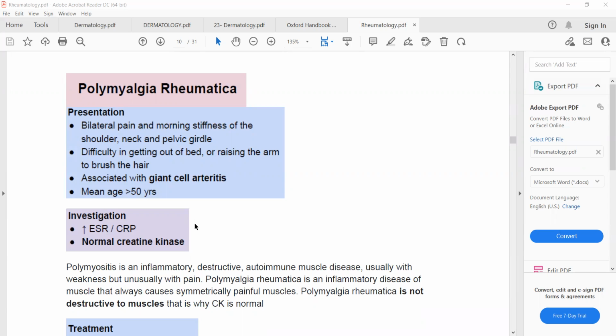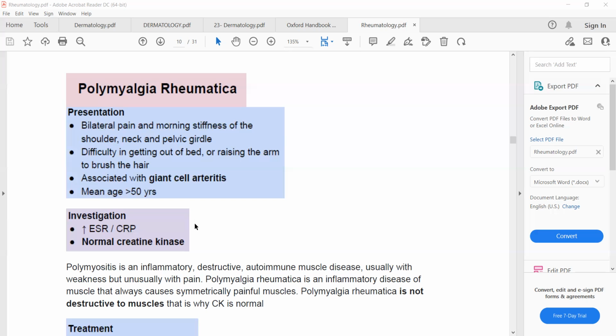The second way is on the basis of clinical presentation. If the person is complaining of stiffness of the muscles, then it is polymyalgia rheumatica. And if he's complaining of muscle weakness, then it is polymyositis. Now there's a third difference between these two, and that is polymyalgia rheumatica is associated with giant cell arteritis.